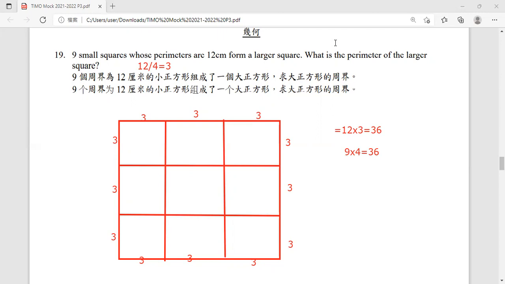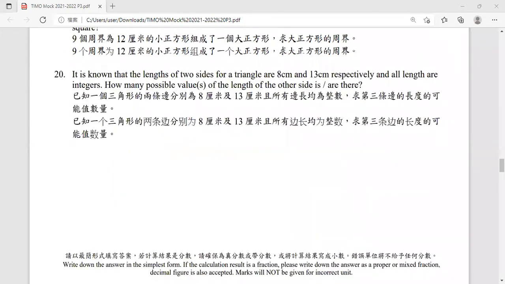Okay, 20. Now the lengths of two sides of a triangle are 13 cm and 8 cm respectively, and all lengths are integers. How many possible lengths of the third side are there? Now remember, I have a triangle.